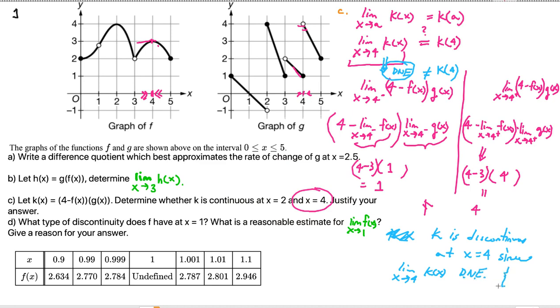And therefore, and you could put these three dots for therefore to really show you understand, the limit as x goes to 4 of k of x does not equal k of 4.